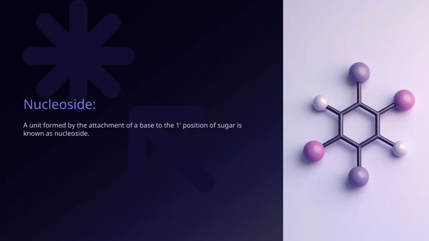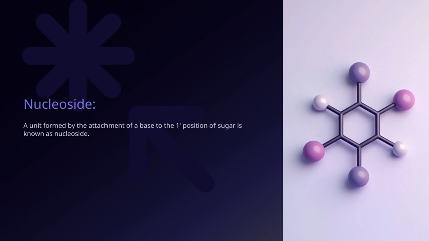A unit formed by the attachment of a base to the one position of a sugar is known as a nucleoside. So essentially, when we take a sugar molecule, like ribose or deoxyribose, and attach a nitrogenous base to its one carbon, we create a nucleoside. This is a fundamental building block in nucleic acids, which are DNA and RNA. The key point here is that the nucleoside itself doesn't include the phosphate group.